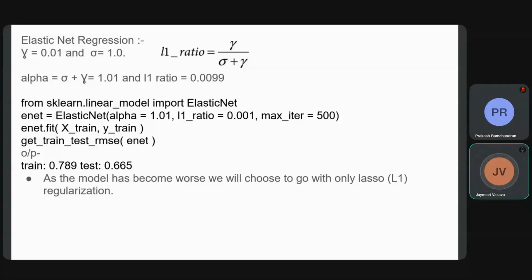For max iterations, we are going for 500, and fitting the model with eNet and getting the RMSE values on the train and test set, we are getting 0.789 and 0.665. Now the scores have worsened compared to the previous models, and the lasso regularization was giving us the best values. So we'll select lasso as our model.